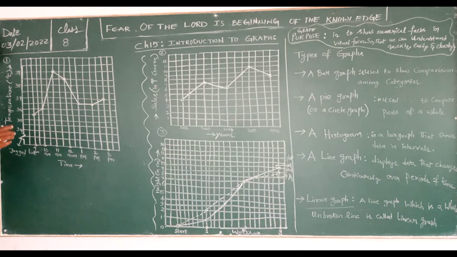So, listen, first, what does a bar graph mean? If you represent any data, here is the x axis and this is your y axis. Any data in the form of bars, parallel bars, that are also rectangular bars.